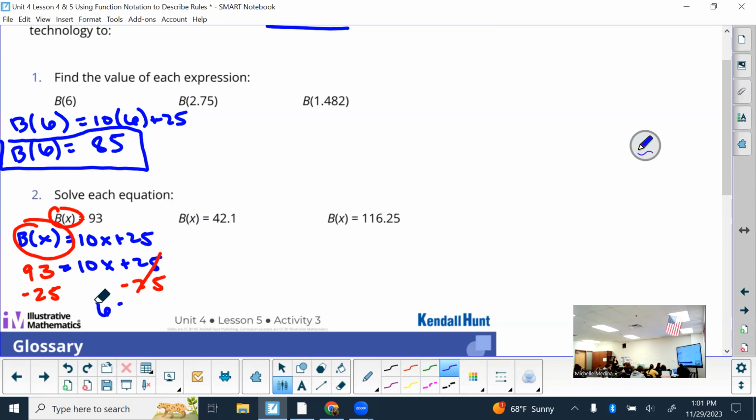It's 68 is what it is, equal to 10x. What's the opposite of multiplying by 10? And that equals 6.8 for the first one. And this one, X equals 6.8. Questions on that one? Okay.